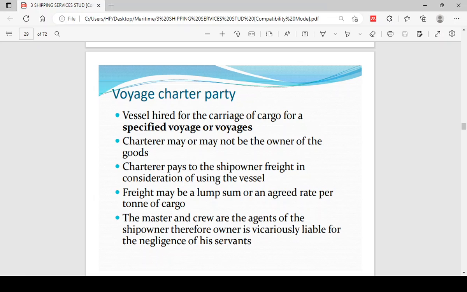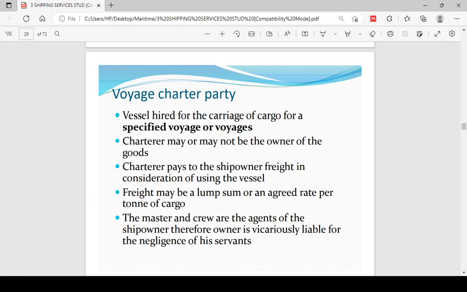Another important point to note in a voyage charter is that when a vessel is voyage chartered, the master and the crew are the agents of the ship owner. That is, they represent the ship owner, just like it is in liner shipping. In liner shipping, the master and the crew are the servants of the ship owner.